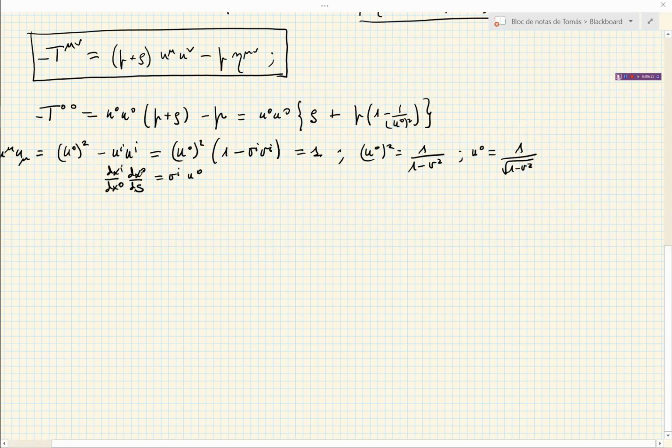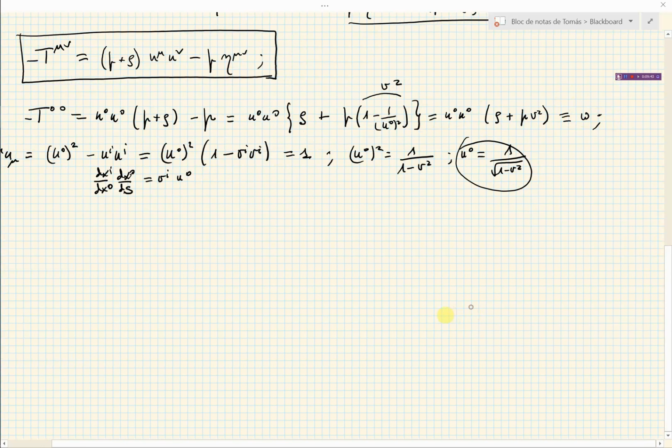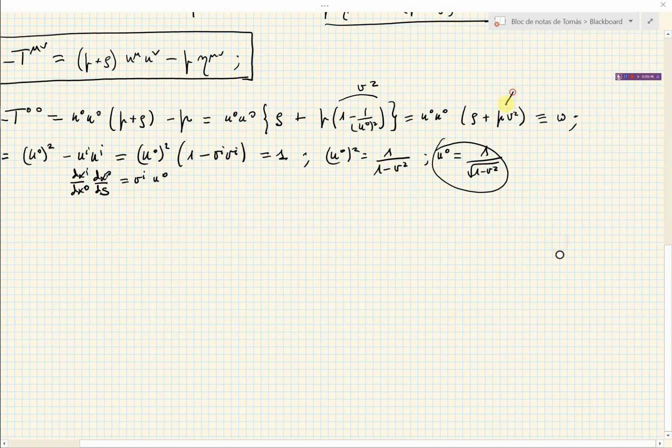Now u0 is given by this expression, so if you come here you find that this is v squared. So I get u0 and then (rho plus p) and v squared. This quantity is what should play the role of energy density, and as you see, it depends on p.